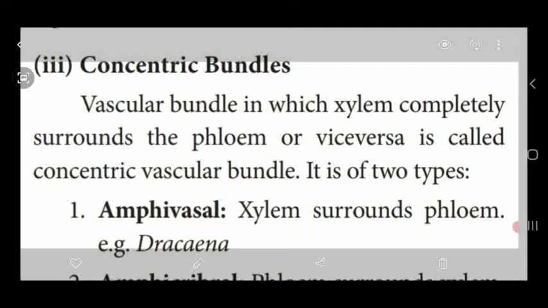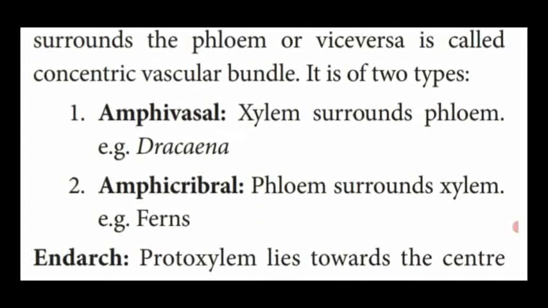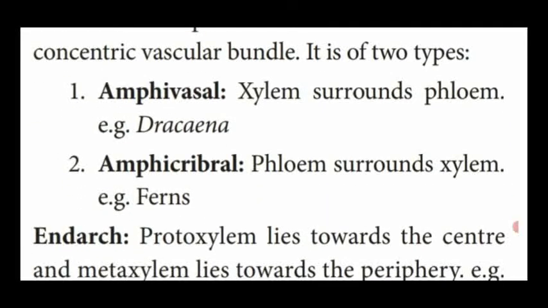So how they are arranged? Either xylem is completely surrounded the phloem or phloem which is surrounded the xylem. That is said to be concentric vascular bundle. It is divided into 2 types. One is the amphivasal, another one is the amphicribral.